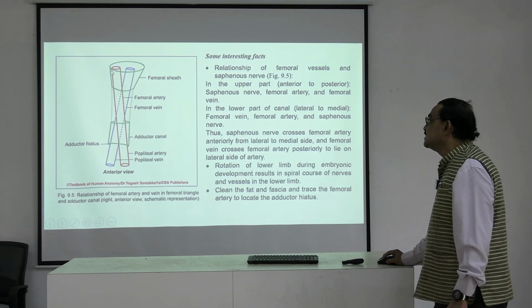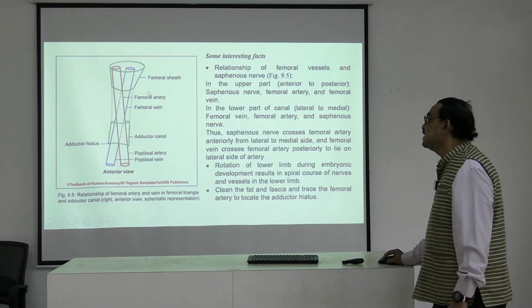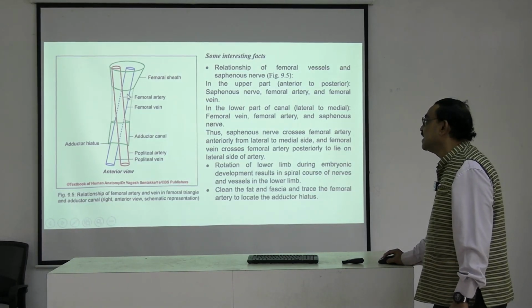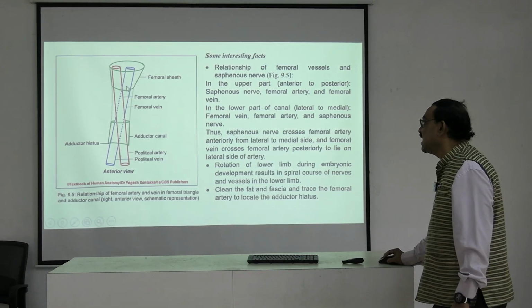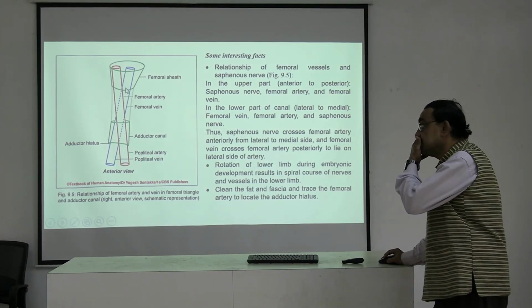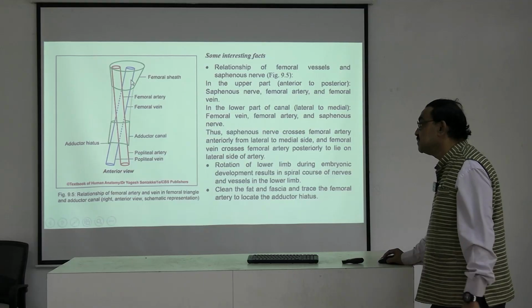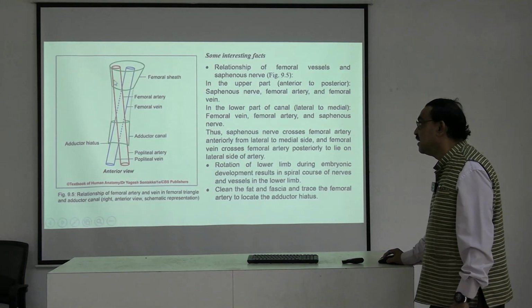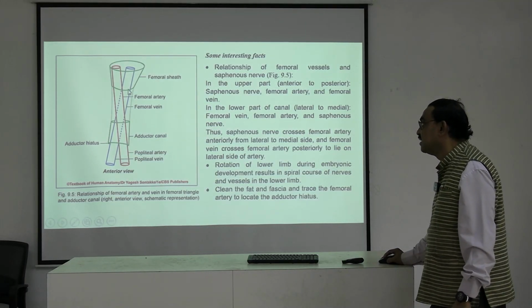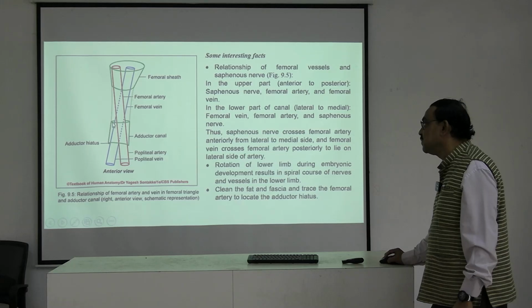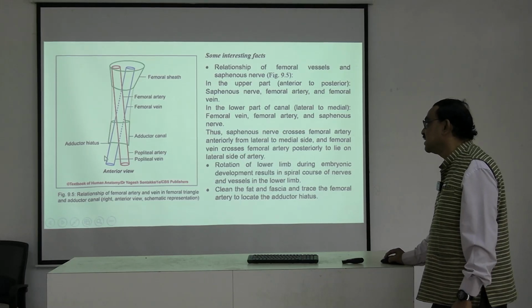So, this is another picture where we can see the femoral sheath, then we can see this is the adductor canal, and here in the adductor canal we can see the femoral vein which remains medial to the artery in the femoral triangle, which crosses from behind and becomes lateral.